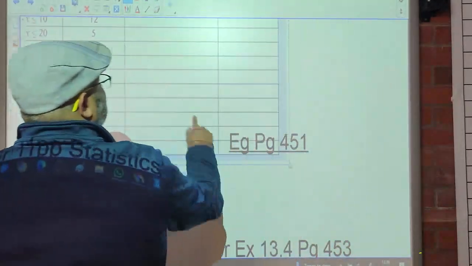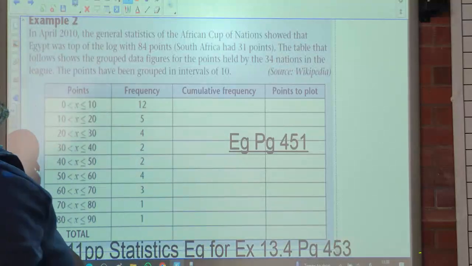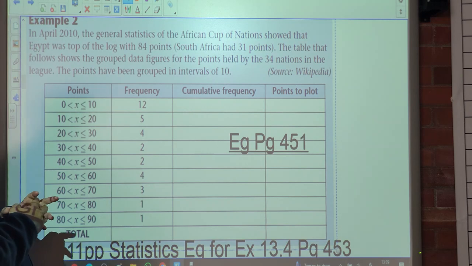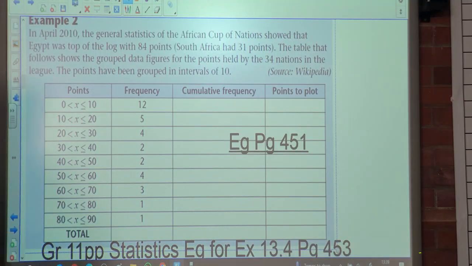Here we are told that in April of 2010, the general statistics of the African Cup of Nations show that Egypt was top of the log with 84 points. South Africa had 31 points. The table that follows shows the grouped data for the points held by the 34 nations in the league. The points have been grouped in intervals of 10.